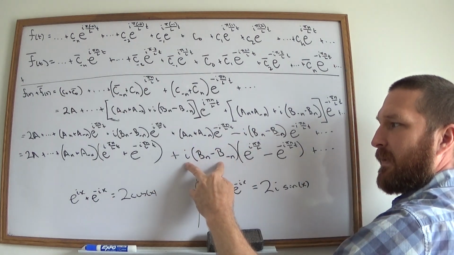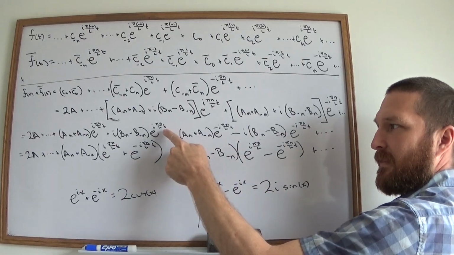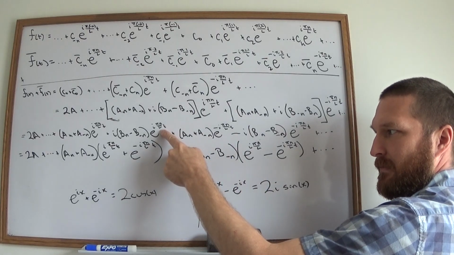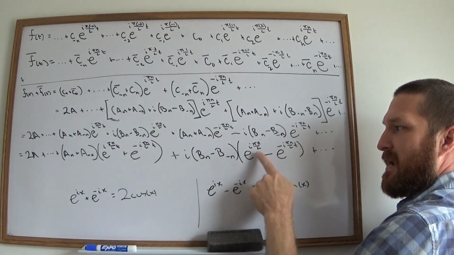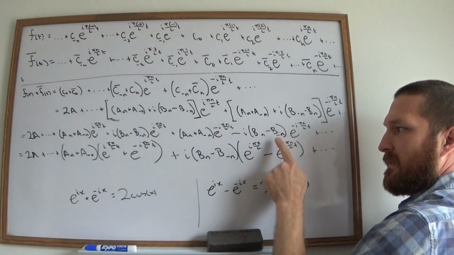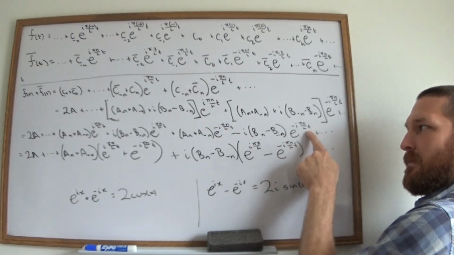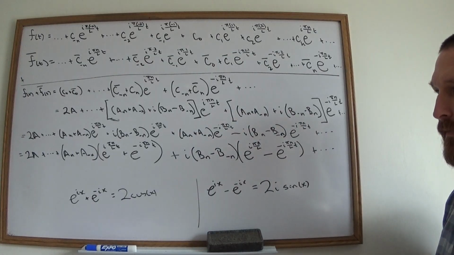This thing being multiplied back in, multiply it into here, and we would get this back, yes. This back into here would give me a negative i bn minus b negative n, yes, times this thing, which is right there.